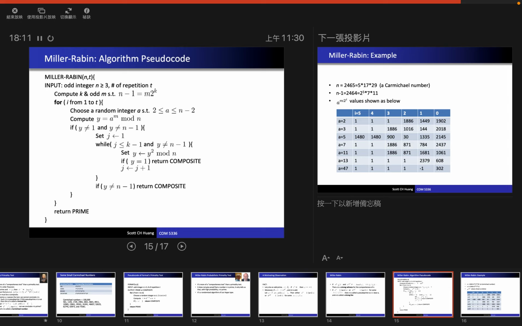Y is not equal to n minus 1, and we check whether or not. So we look at this j. J is y squared, and then we check whether or not it's equal to -1.